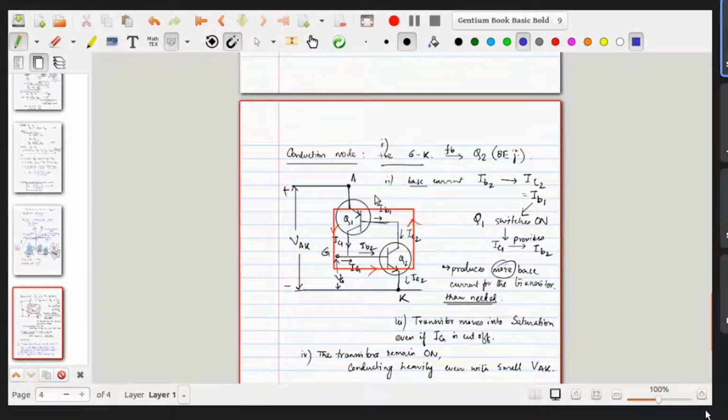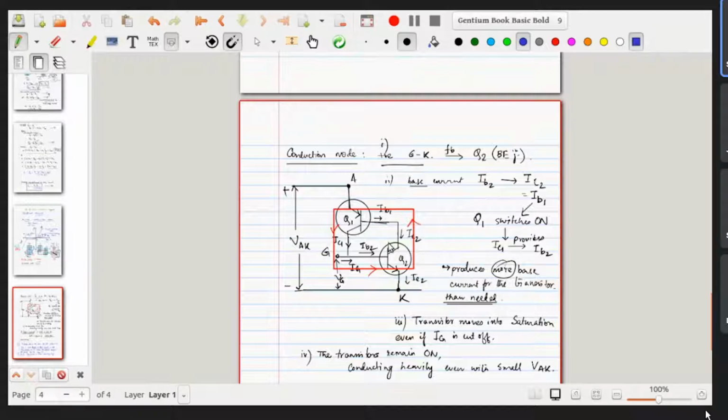So what we find is that when the device has moved into the conduction mode, there can be a situation where you have a positive gate to cathode voltage that is going to forward bias first the second transistor Q2, the base emitter junction.